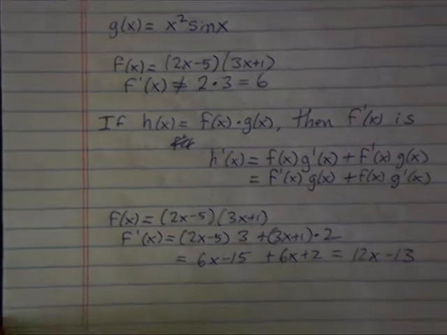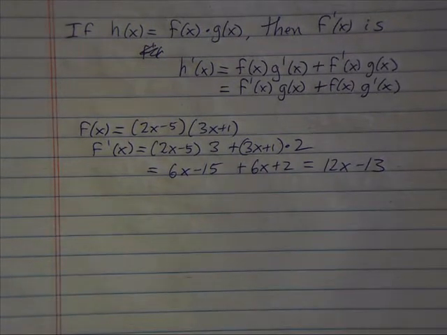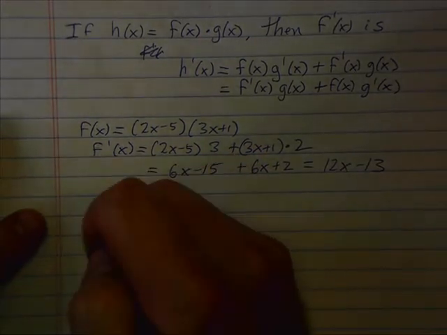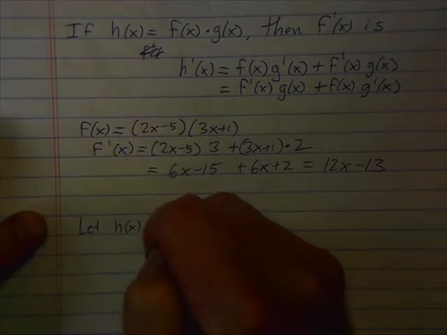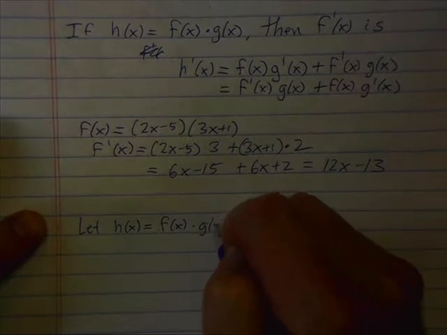All right, in this class, I don't prove a lot of theorems, but this is one that I do like to prove. I do like to prove the product rule here, and there's a good reason, and I'll show you in a second. So, we're going to let h of x equal f of x times g of x.